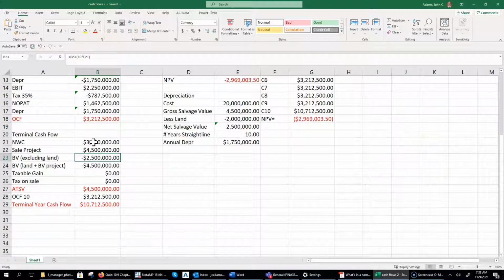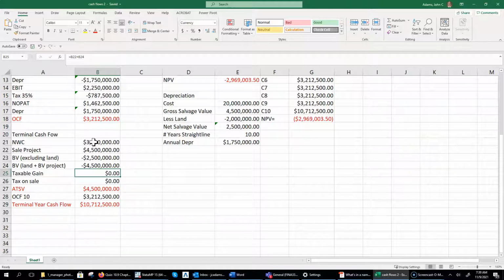That gives us a book value for the building, the improvements on the land, of $2.5 million. So we add back in the $2 million book value of land. So the combined book value of the land and the project then on our accounting records is $4.5 million, which is exactly equal to our sales price. So we have a taxable gain of 0.